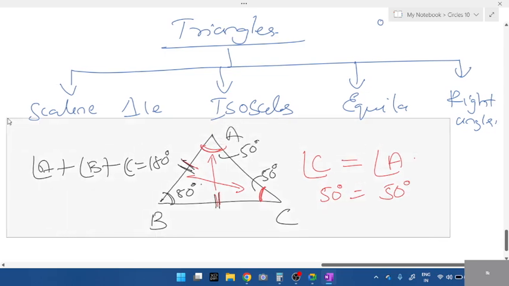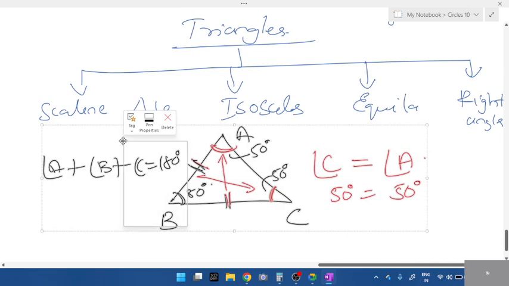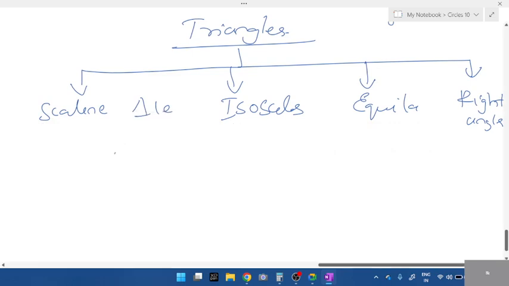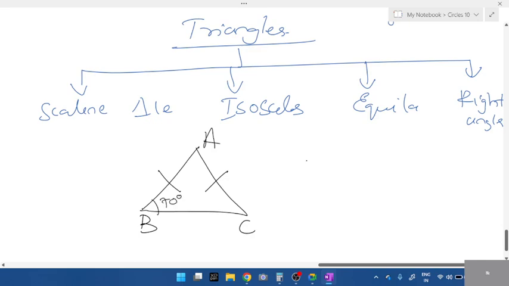All of you completed? Done? Equilateral, I'll tell you what it is, students. Try one question. Angle ABC is given. I want you all to find angle A. Try this question.